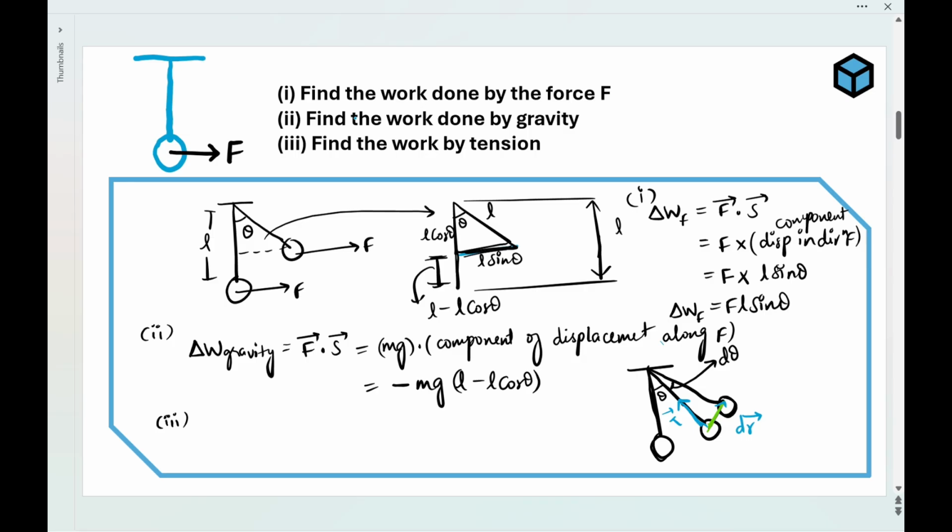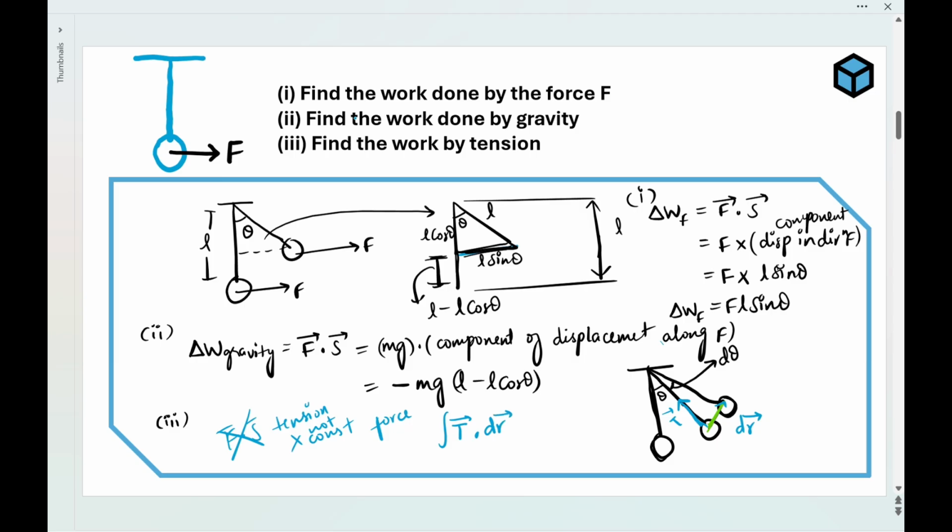We should not directly write F bar dot S bar for tension, because here tension is not a constant force. It's not constant because it is changing its magnitude as well as its direction. So we have to use the integration of T bar dot dr bar.